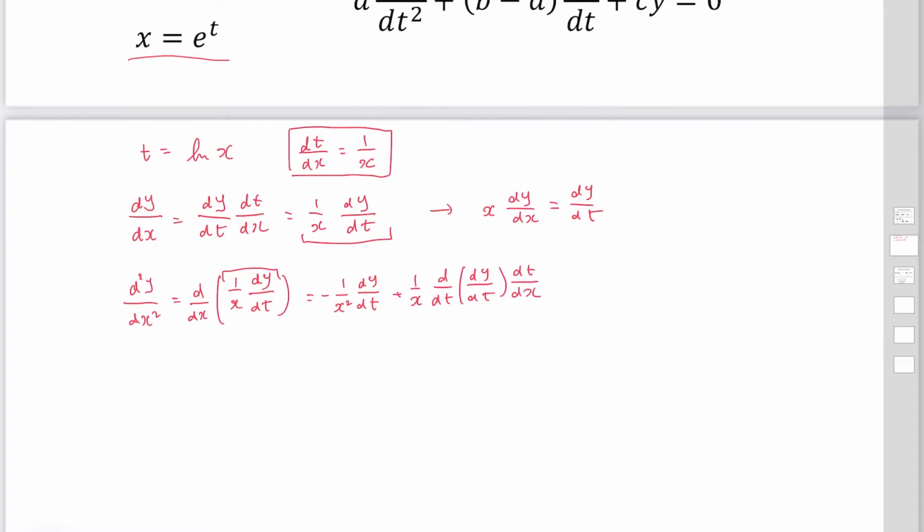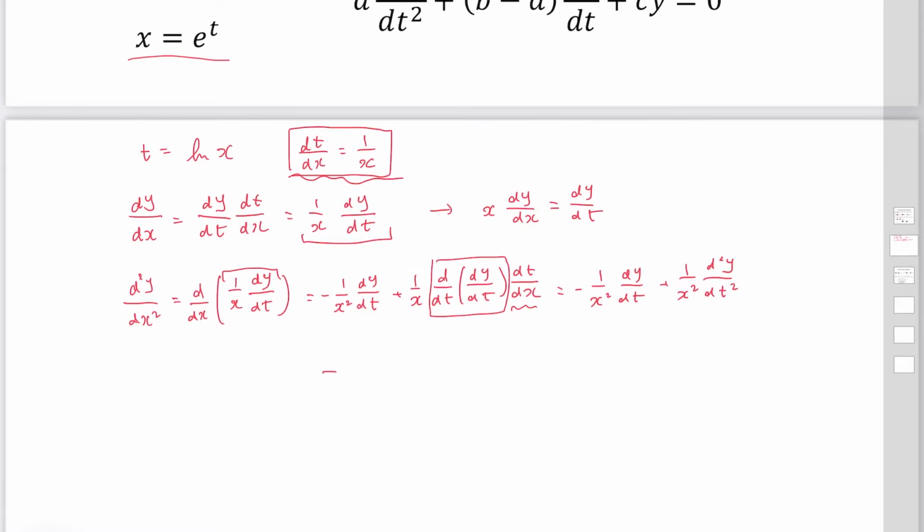And the chain rule we apply. So this is the second derivative with respect to t. Using dt/dx, you can use these relations, so it becomes minus 1 over x squared dy/dt plus 1 over x squared times the second derivative of y with respect to t.